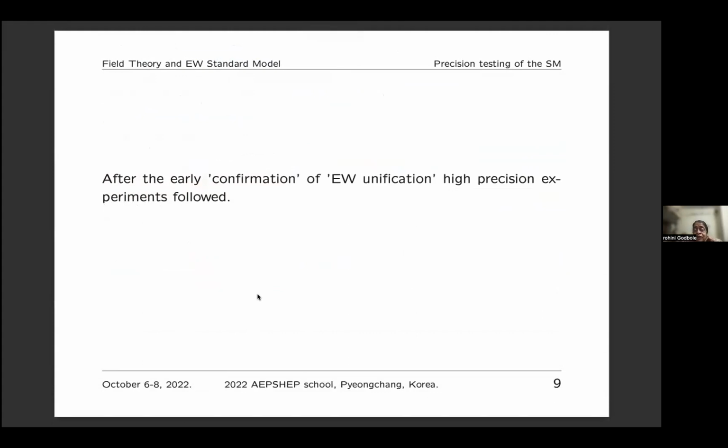So now, after having summarized this, let me go back to where we had stopped yesterday. We saw yesterday how the electroweak unification was confirmed by the neutrino scattering experiments, neutrinos on electrons, neutrinos on muons, and neutrinos on nuclei, which were the major workhorse of the experiments in those days.